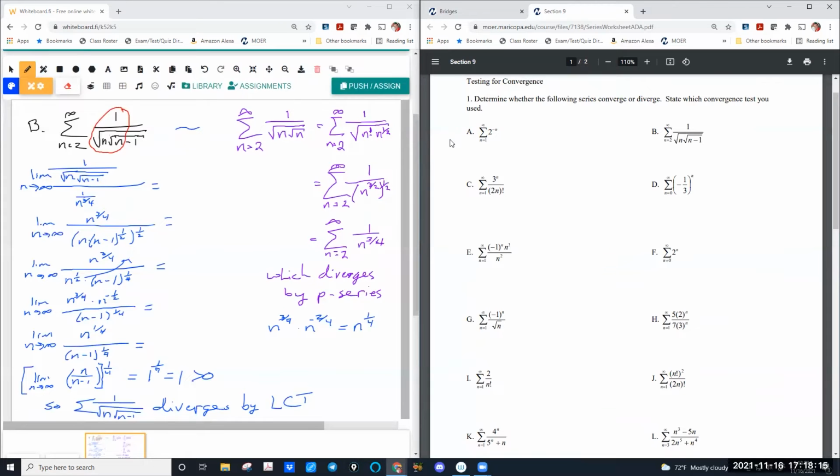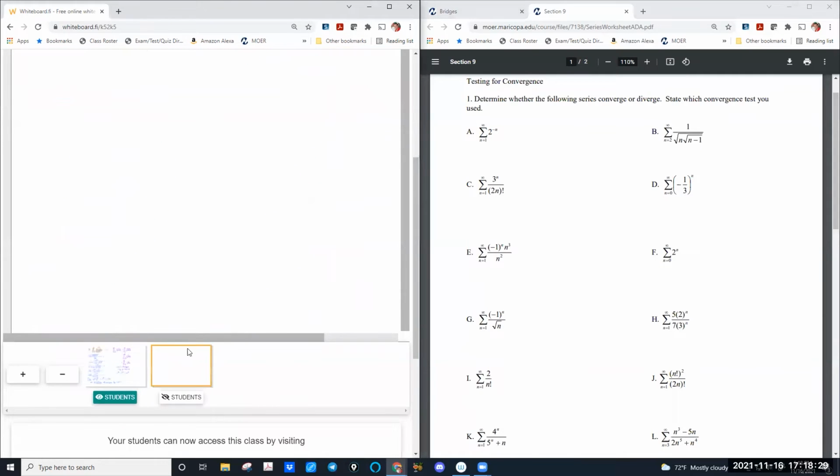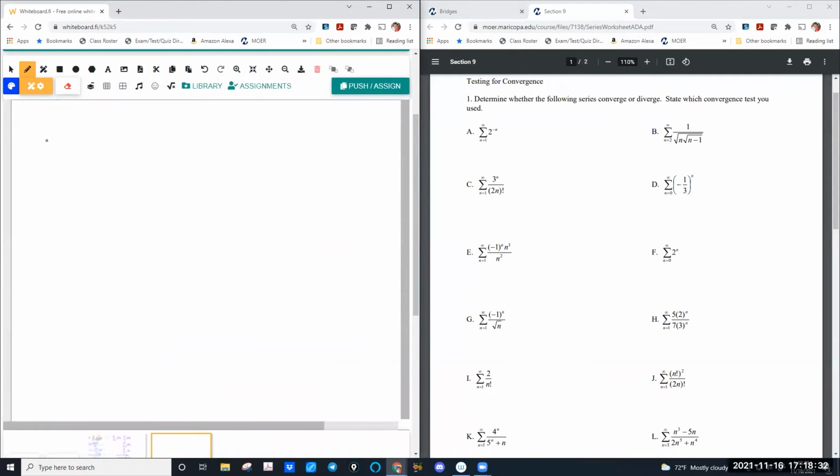For example, if I have a constant to an n power, this is geometric. Okay, so if we're looking at one like A, kind of stealing this one from you, where it is just the series n equals 1 to infinity, 2 to the minus n, well, that is the same as 2 to the minus 1 to the n.